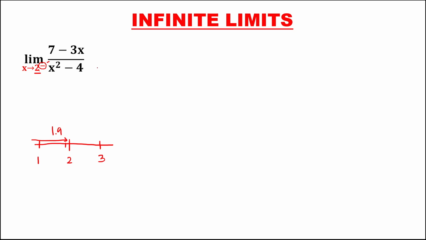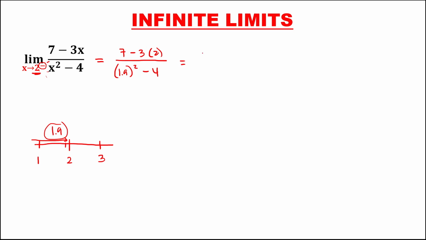So positive 1.9. Then to evaluate the limit, 7 minus 3 times 2 in the numerator, over, for the denominator, use this value, 1.9 to the power 2 minus 4.